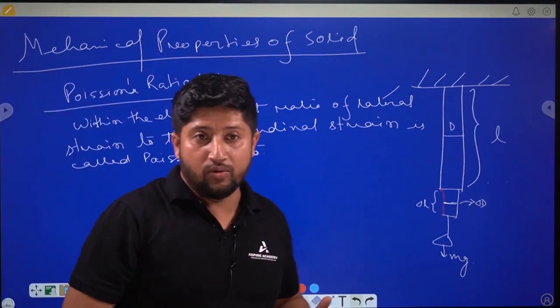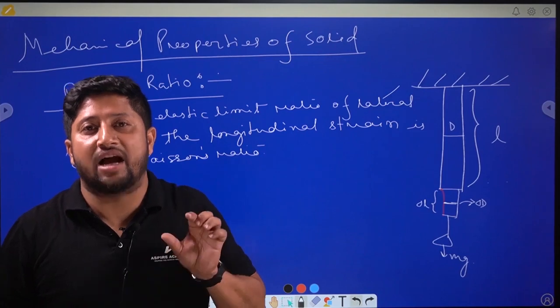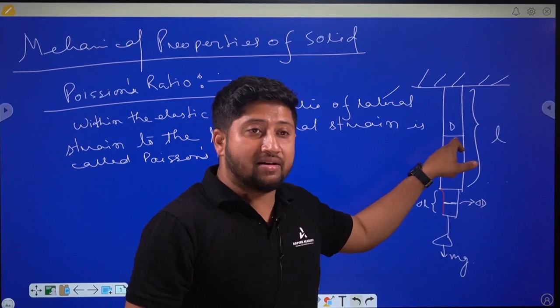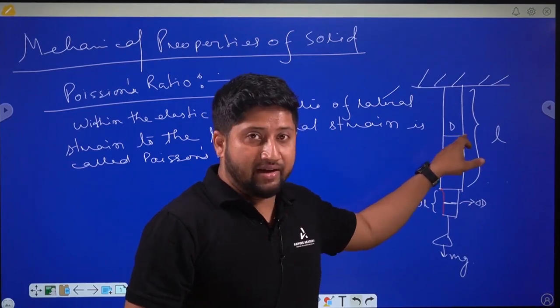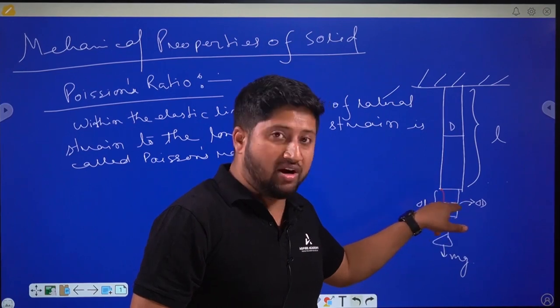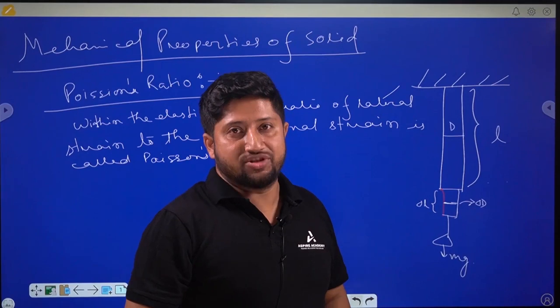First of all, we don't know about lateral strain. So what is lateral strain? It is the change in diameter to the original diameter. Earlier the diameter is capital D, and the change in diameter is small d. This ratio, del D by capital D, is called lateral strain.